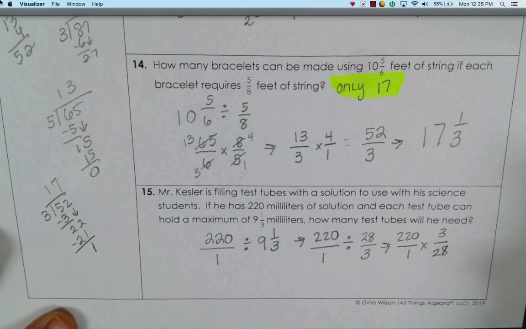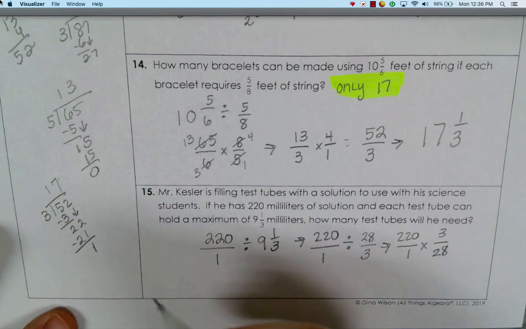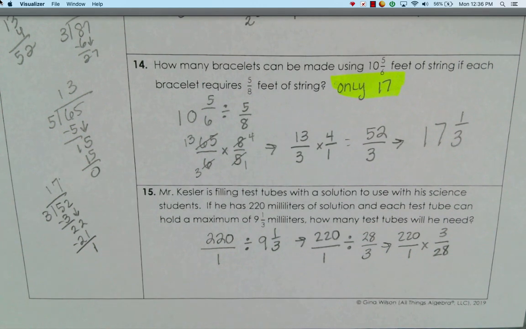Can 28, oh no it can't. Let's go at least 2, right? How many? Let me see real quick. Did you hear that bell?